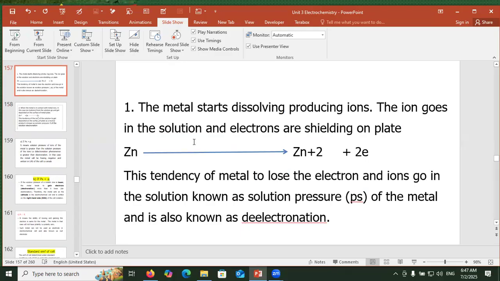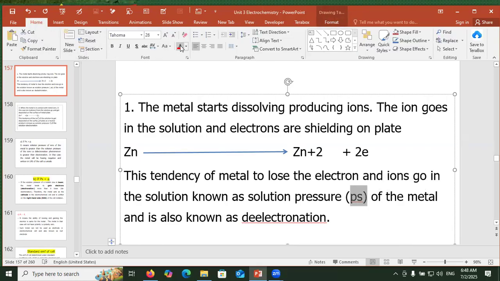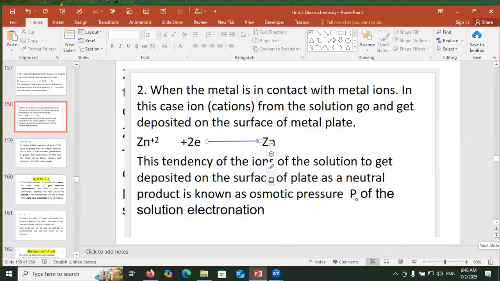In this case, we have to understand the tendency of the metal to lose electrons, that is the solution pressure, also de-electronation, and the tendency of ions in solution to get deposited on the surface when the metal is in contact with the metal ions.